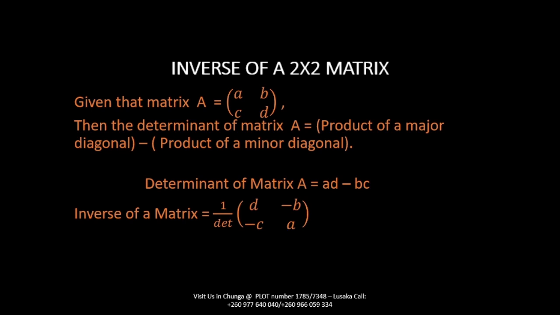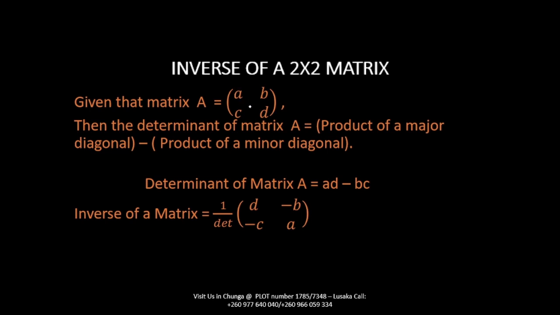Now, these elements that are in the matrix, something happens. You discover that these elements that are in the major diagonal, they are going to exchange or interchange. The D will go where the A is, and the A will go where the D is.